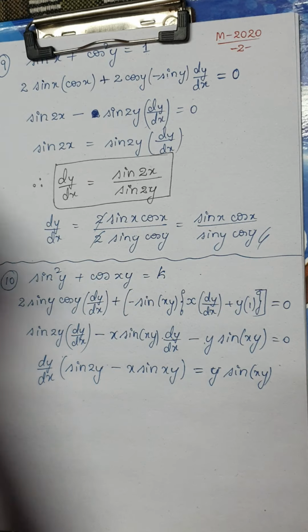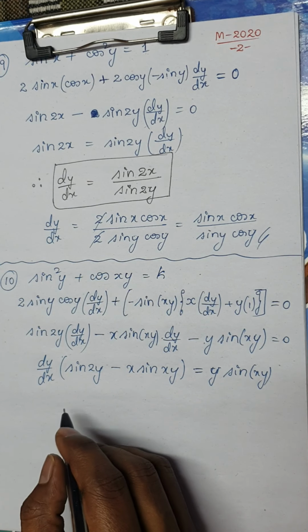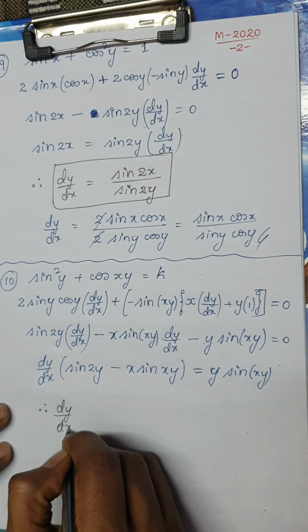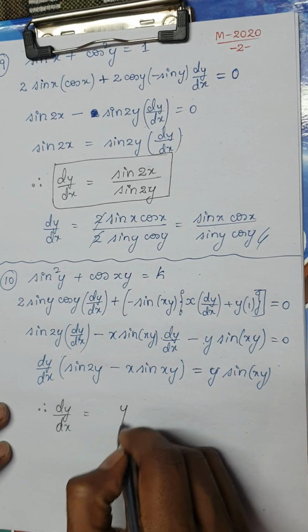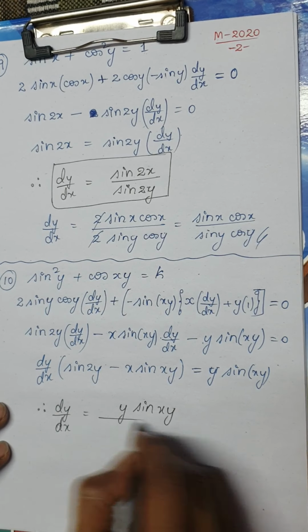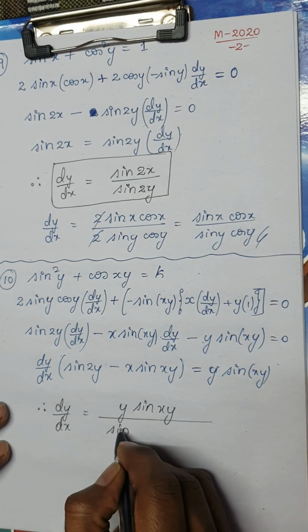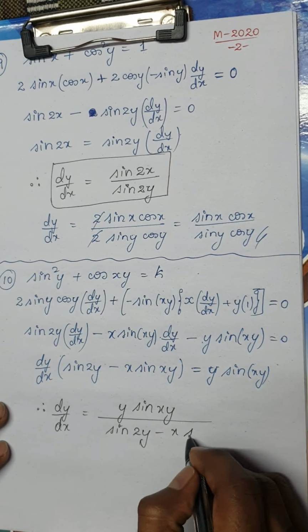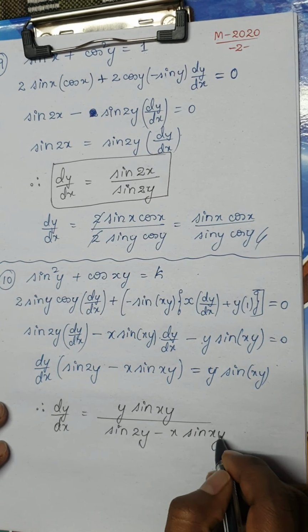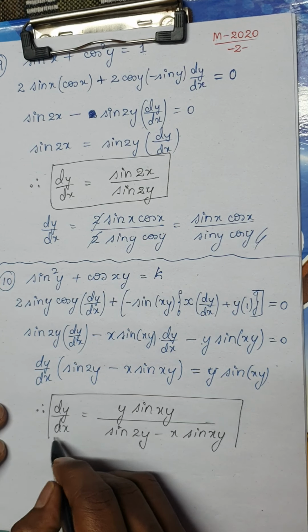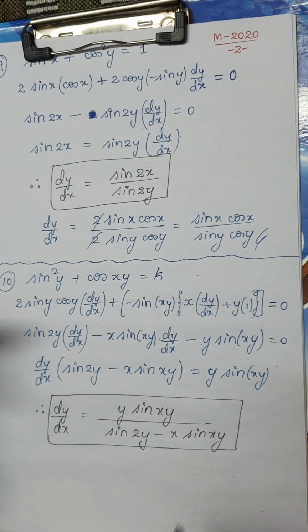By dividing, you will get the answer for this. Therefore dy by dx is nothing but y into sine of xy whole divided by sine 2y minus x into sine xy. Okay, so this is the differentiation of this implicit function.